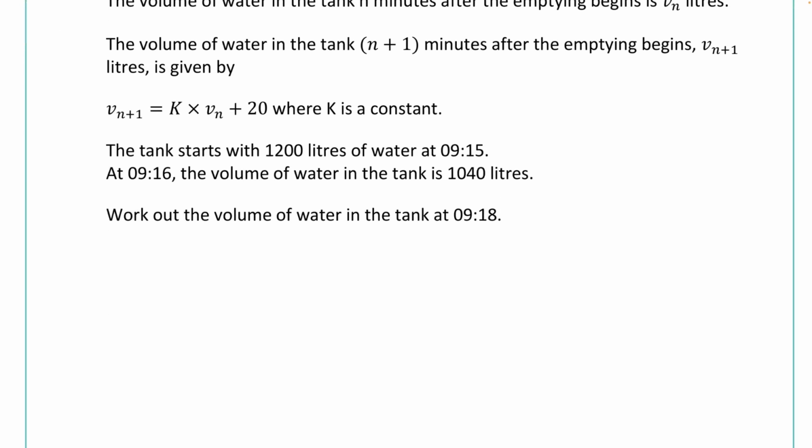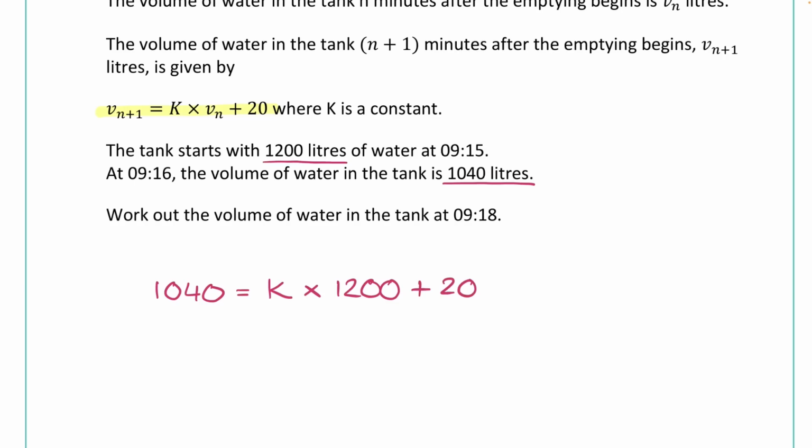If we take this formula and put in the pieces we've been given, 1,200 litres at the start and 1,040 litres in the next minute, then we have 1,040 is equal to k times the current number, 1,200, plus 20.